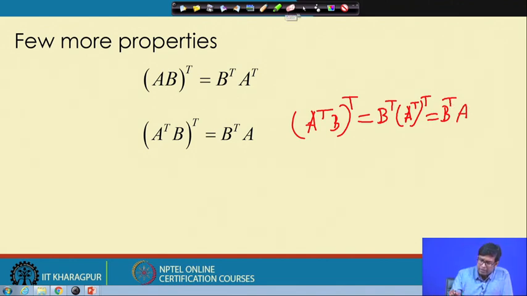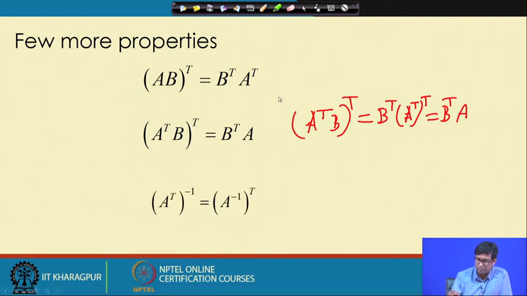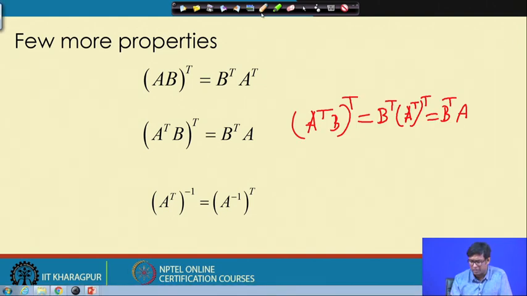We see what happens to the transpose of an inverse, A transpose inverse. We start with the definition of A inverse, that A A inverse is I. Now, what is I?